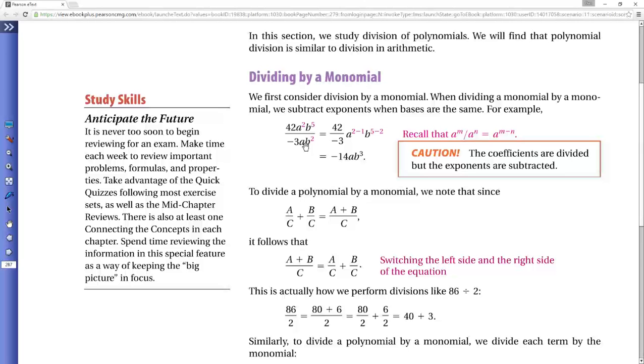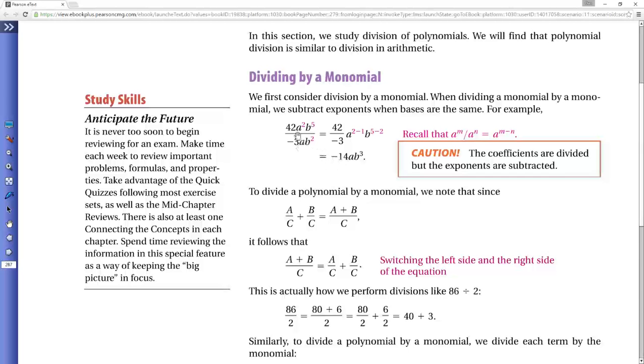We have a like base here too, of a to the second power, and this is really a to the 1 power, so we subtract exponents, so we get a to the 2 minus 1, and the b is like bases here again. Remember, these are all multiplications, so we can break out this fraction basically any way I want. In reality, what they're doing is taking 42 over negative 3 as a separate fraction.